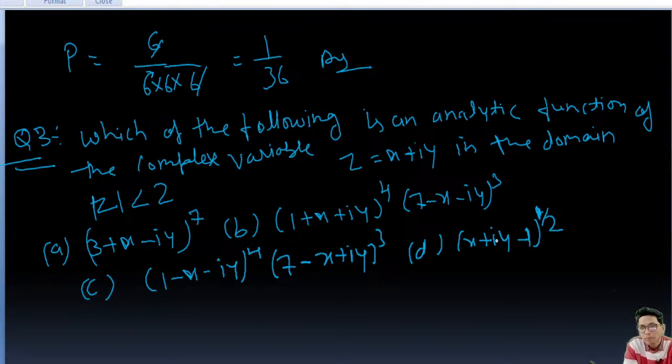So it is a complex analysis question, and the question is, which of the following is an analytic function of the complex variable z equal to x plus iy in the domain mod z less than or equal to 2, and these are the options given. Okay, so we have been given z equal to x plus iy, and we know z bar is going to be x minus iy, right?